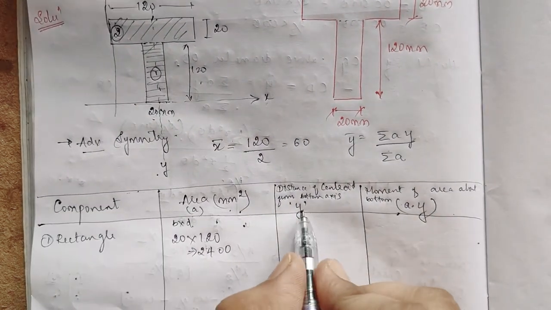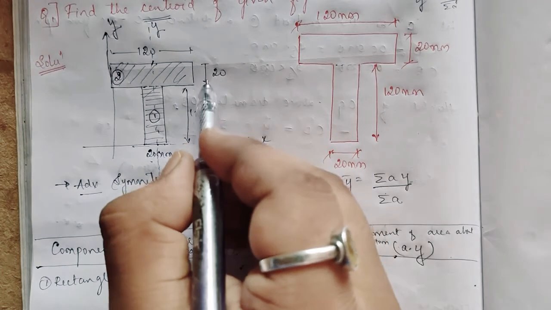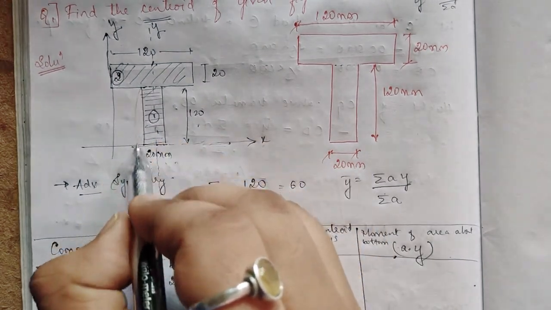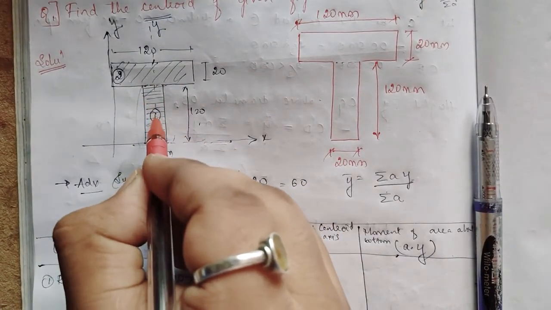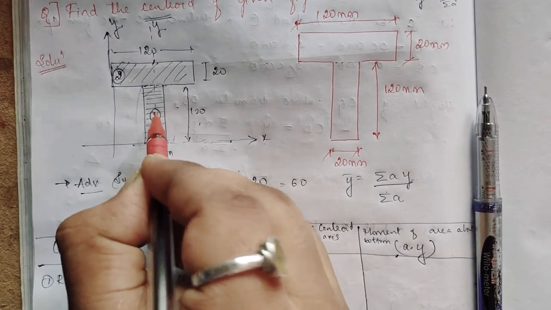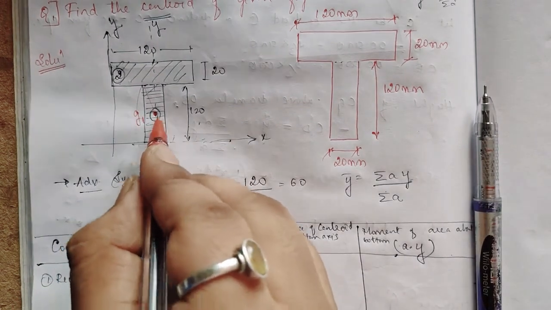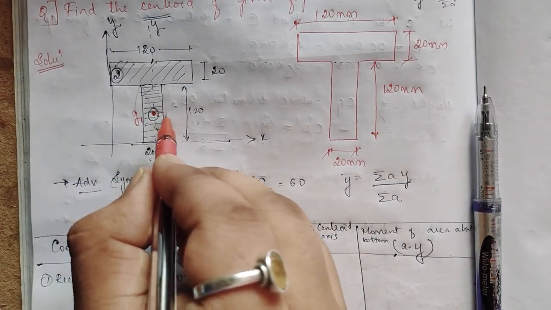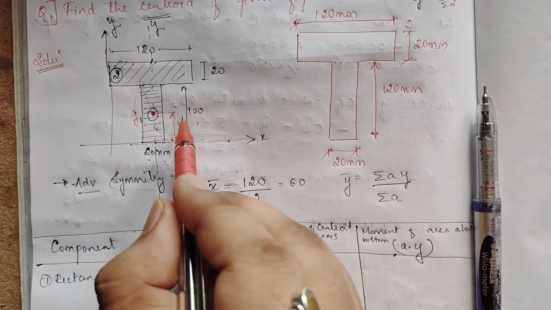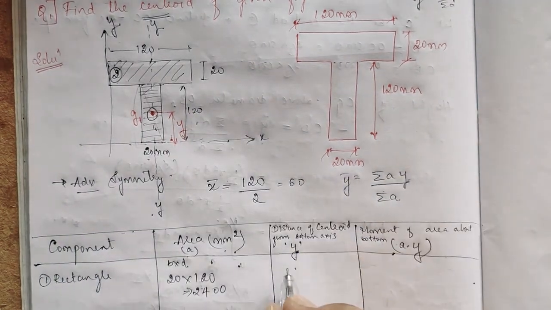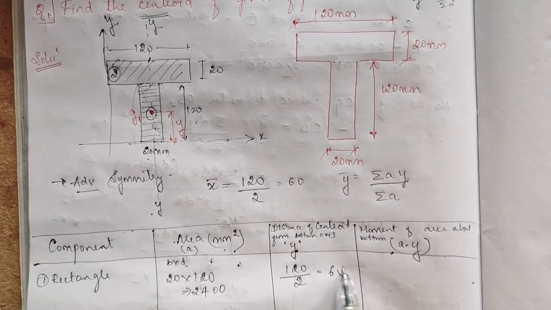Now what is the distance y from the bottom reference axis? See here, this is the rectangle we are talking about. The G will be at the center, at the intersection of the diagonals. This is G1. So what I want is the distance y, and the distance y is here. What is that? 120 by 2, so it is 60.